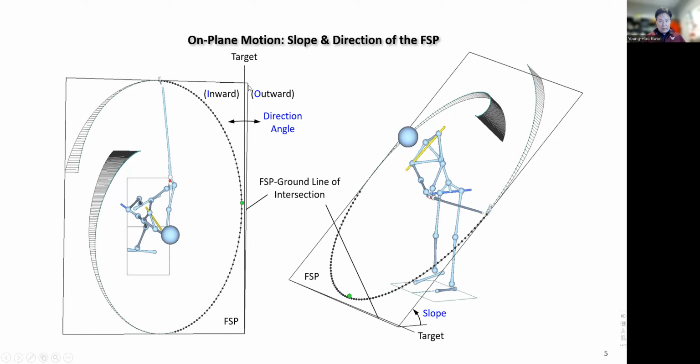Currently, this swing plane is pointing to the right side of the target, which means it is slightly outward, but in some cases you can have an inward swing plane as well. Once we have the slope and direction angle, we can easily characterize the swing motion of the golfer, so they are important pieces of information.